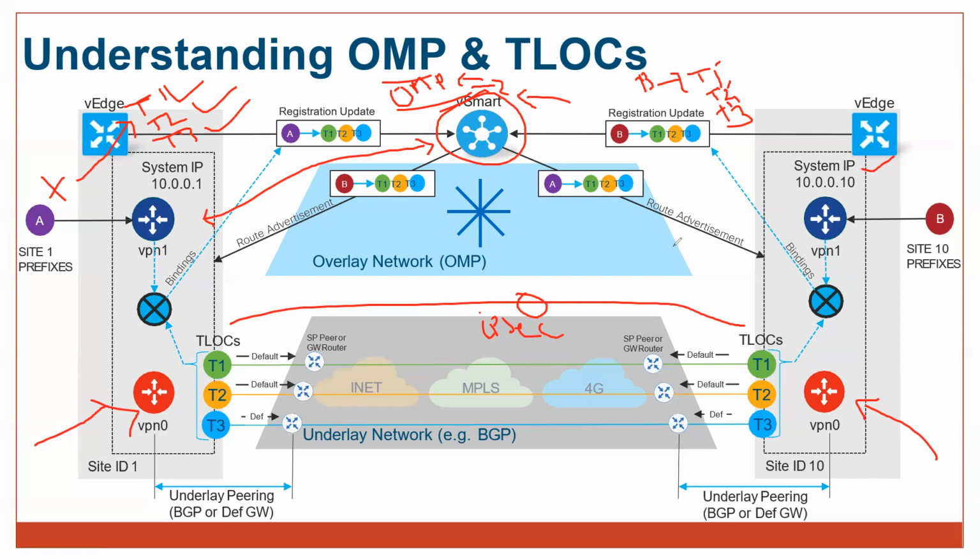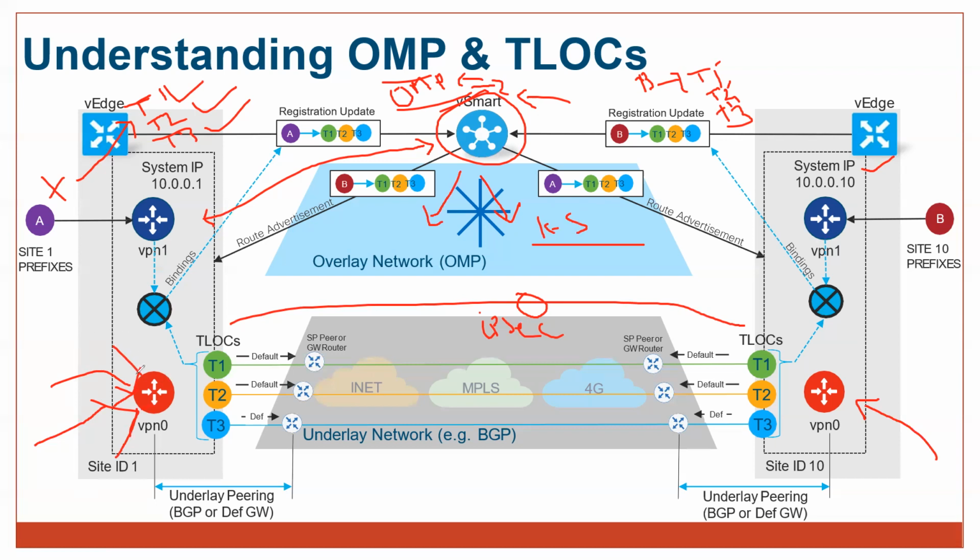And in the previous section, I told you that vSmart is responsible for forming the IPsec tunnel, because not only is he exchanging the routes, but he is working as a key server as well. Okay, so when you send the data for VPN 10, it will go and bind with VPN 0 internally with the tag switch, because VPNs are nothing but VRFs. And whatever VRF technology is working, the same thing is happening here as well.